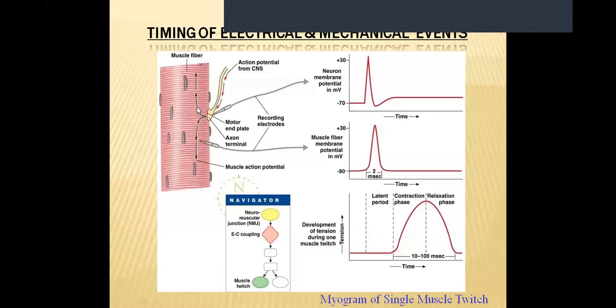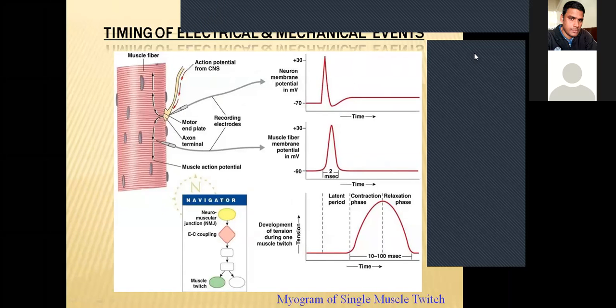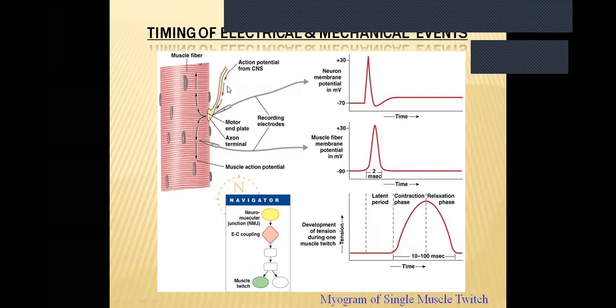We should not forget this. And the muscle fiber and this nerve fiber, both of these together are called a motor unit. The muscle fiber and the connected nerve fiber are called a motor unit. So the motor unit is very important.